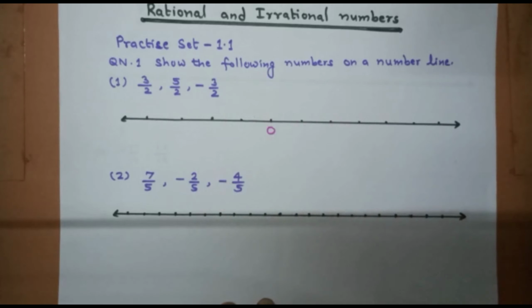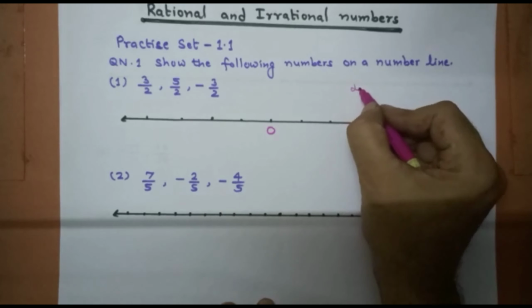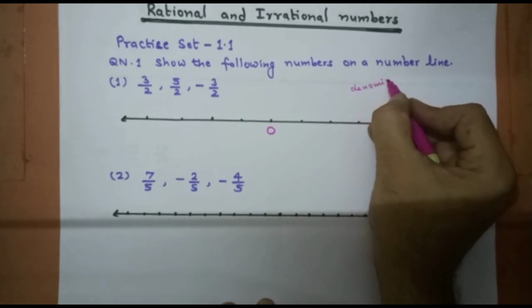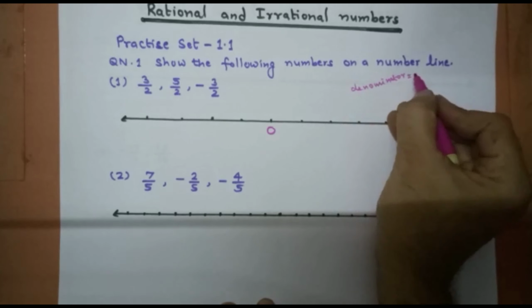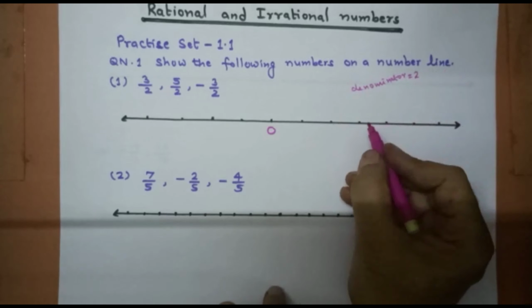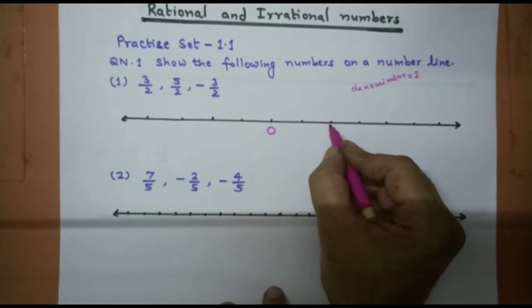Now when we observe, we get the denominator as 2. Denominator is equal to 2. That means between two consecutive integers there will be two divisions.